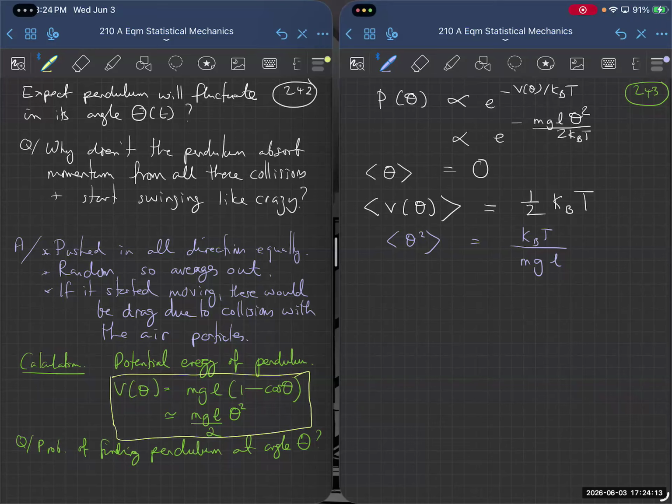and that distribution is a Gaussian distribution to very high order, and it has a second moment which depends on the temperature.